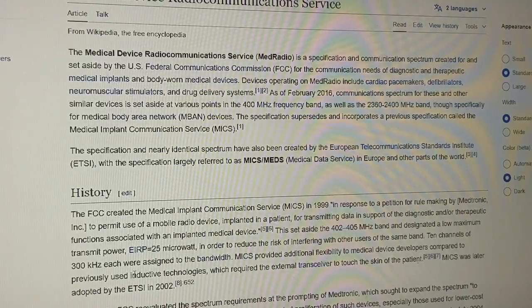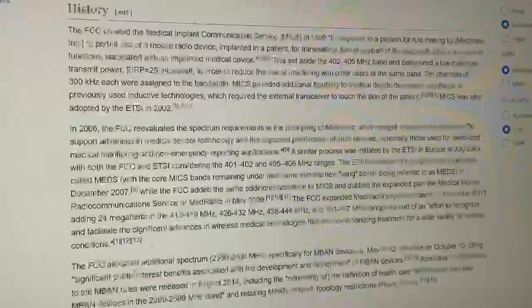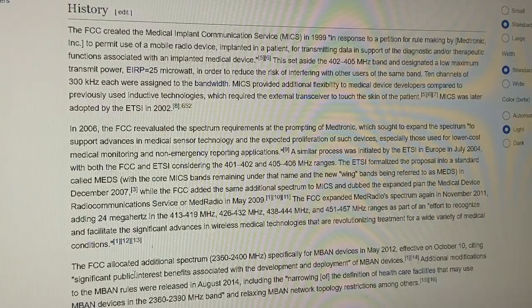The Medical Implant Communication System. History. The Federal Communications Commission created the Medical Implant Communication Service in 1999 in response to a petition for rulemaking by Medtronic. In 2006, the FCC re-evaluated the spectrum requirements at the prompting of Medtronic, which sought to expand the spectrum to support advances in medical sensor technology and the expected proliferation of such devices.